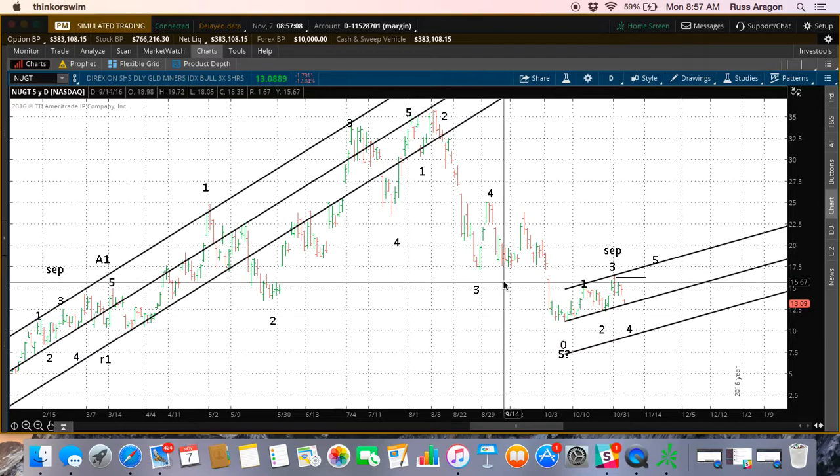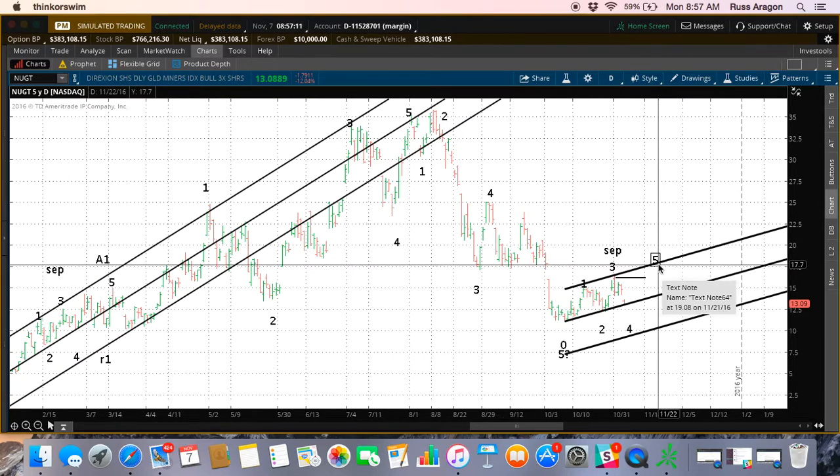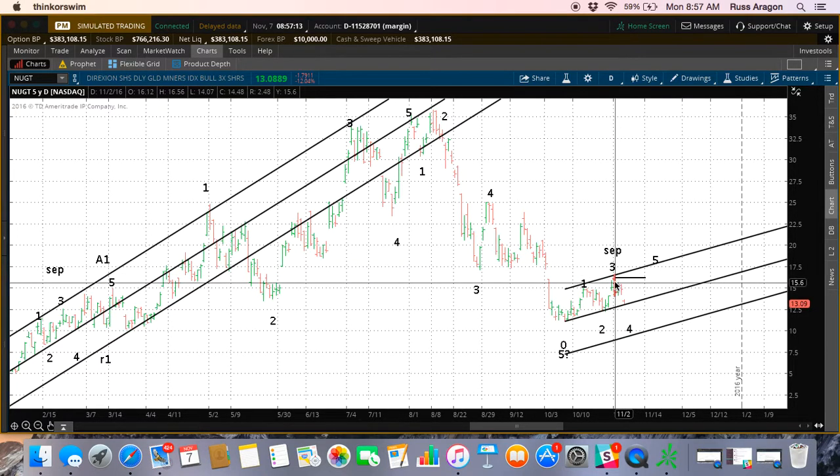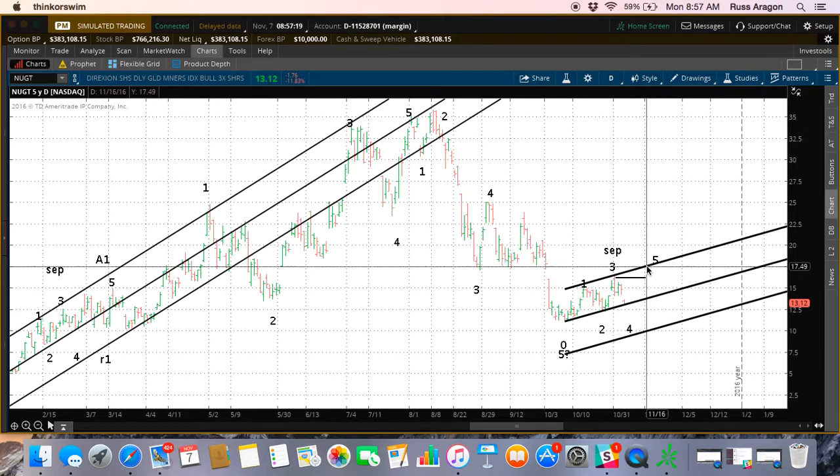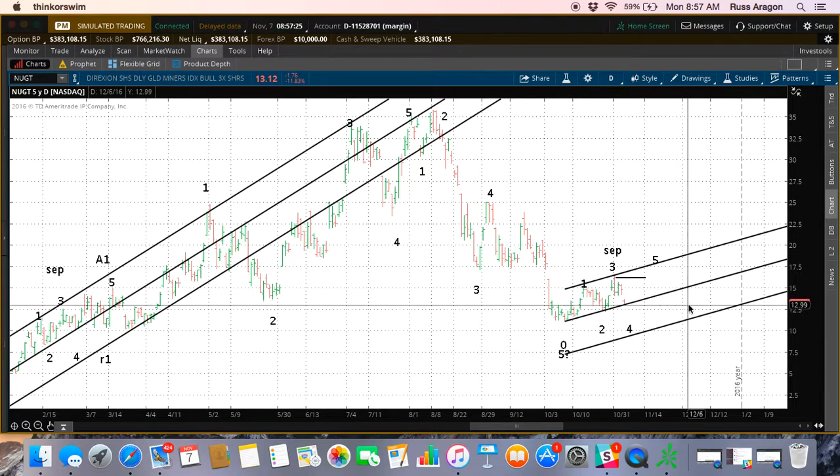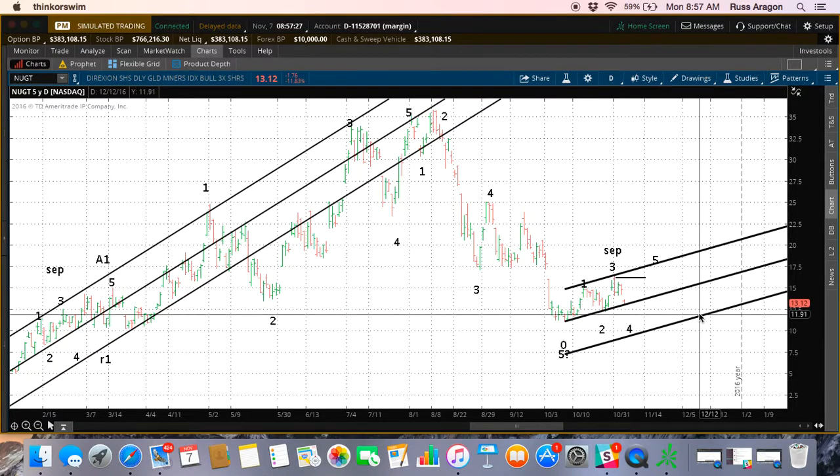Boom. So once we get up around the 17 area, or higher than this, which is 1656, once we get around this 17 area, on or after the 16th, we should be looking for a sell-off here, possibly to go down to this 11-12 range again.